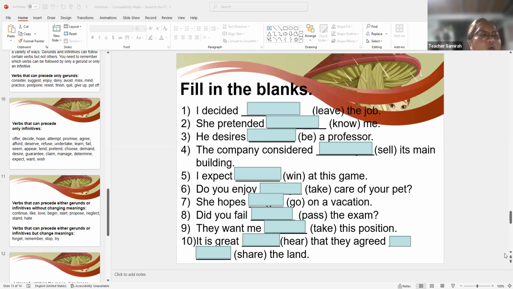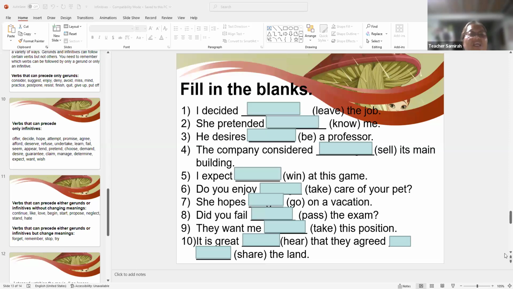Infinitive. So what will be our answer here? She pretended to know me. So the correct answer is to know. If your answer is to know, then I check your answer.